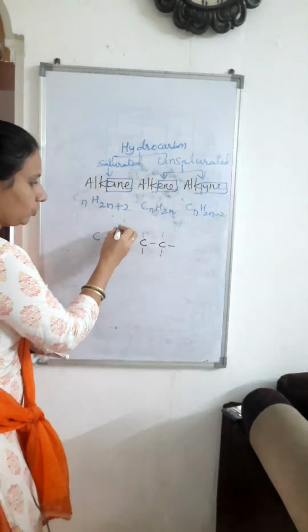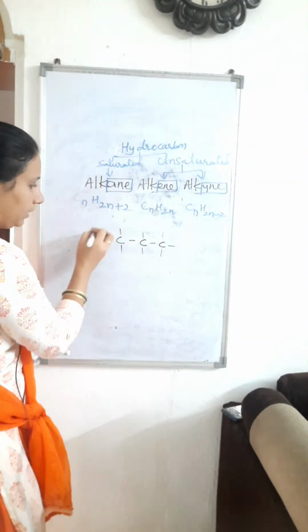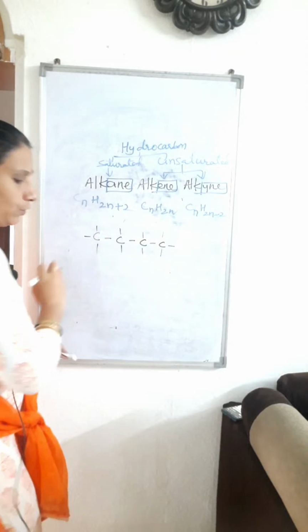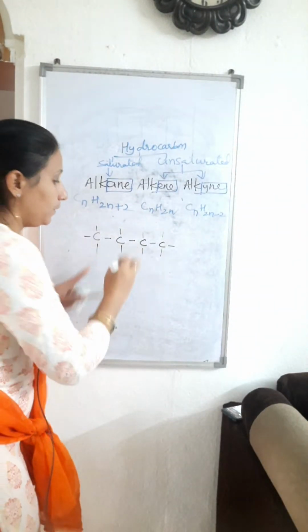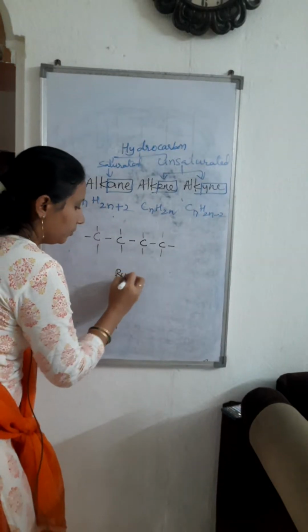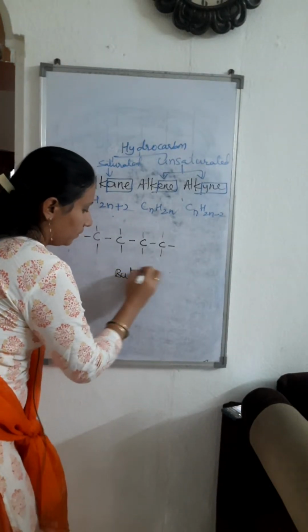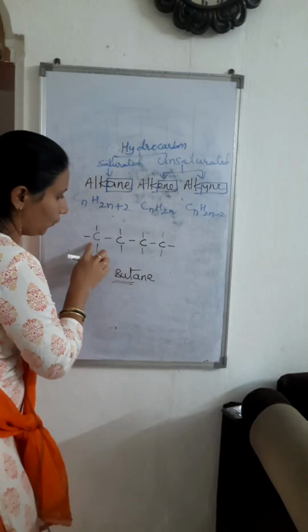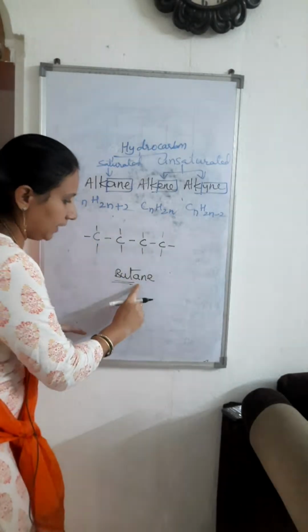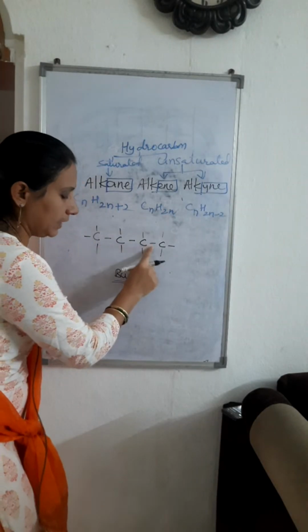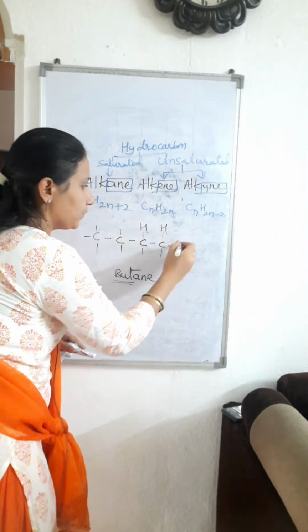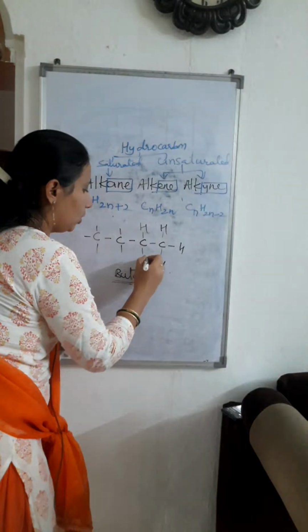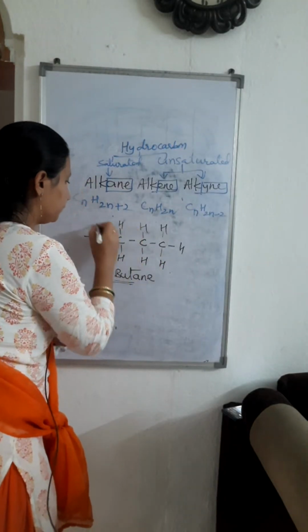Again 1, 2, 3, 4. So all the 4 valencies are satisfied. Now we are writing butane. But stands for 4 carbon and then ane stands for single bond between carbons. Now the remaining will be hydrogen. So this is the butane structure.